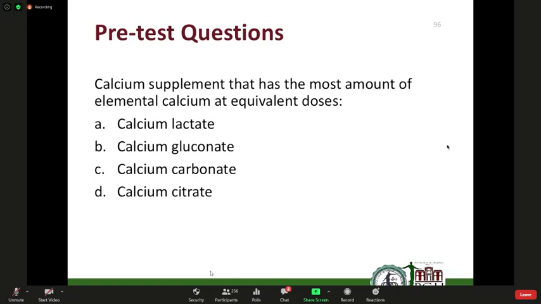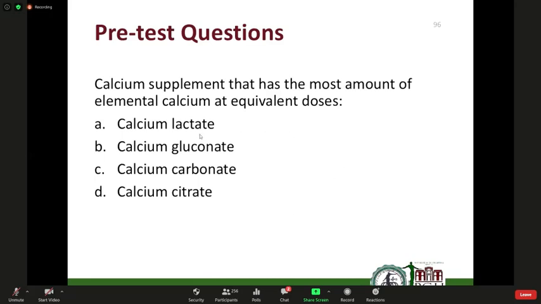Calcium supplements that have the highest amount of elemental calcium at equivalent doses. Okay, so dapat wala nang magkamali dyan. Yung advantage lang nung, meron kasi internationally na calcium gluconate na oral, pero sa Philippines, the calcium gluconate that's available is IV.